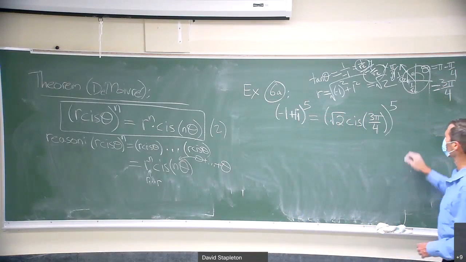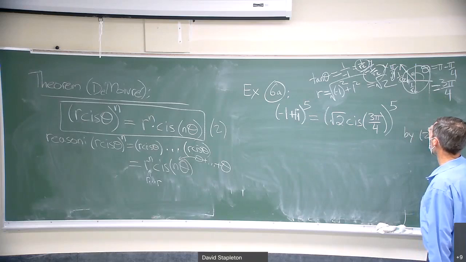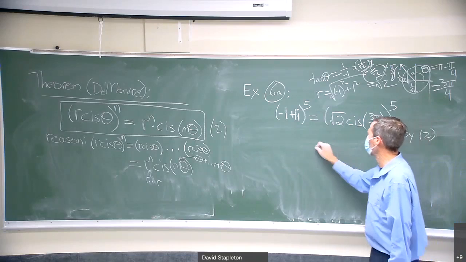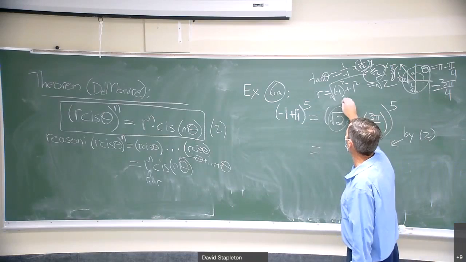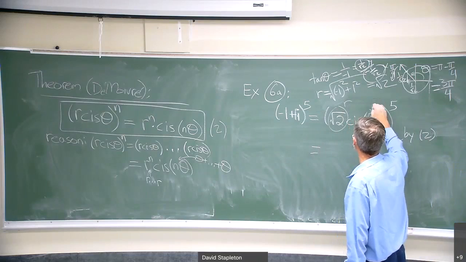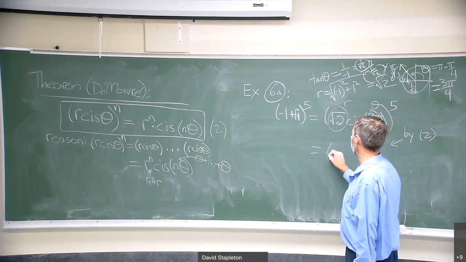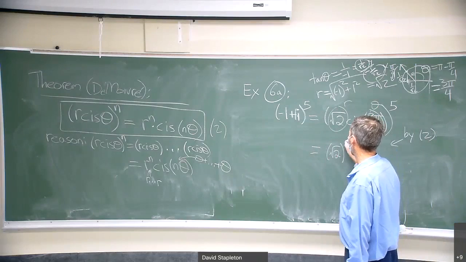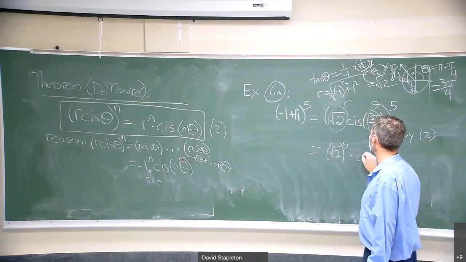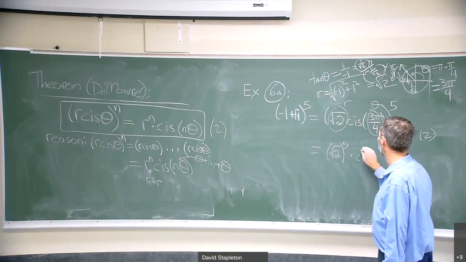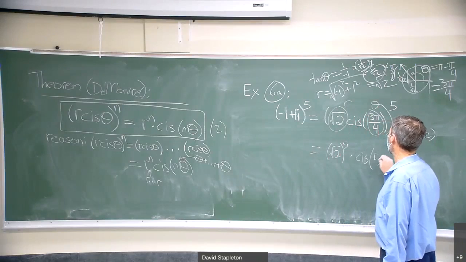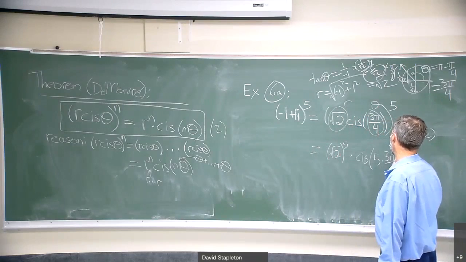Now, by equation 2, I'll say this is your r, this is your theta. You take r to the 5th, square root 2 to the 5th, times cosine plus i sine of 5 times the angle that you have.